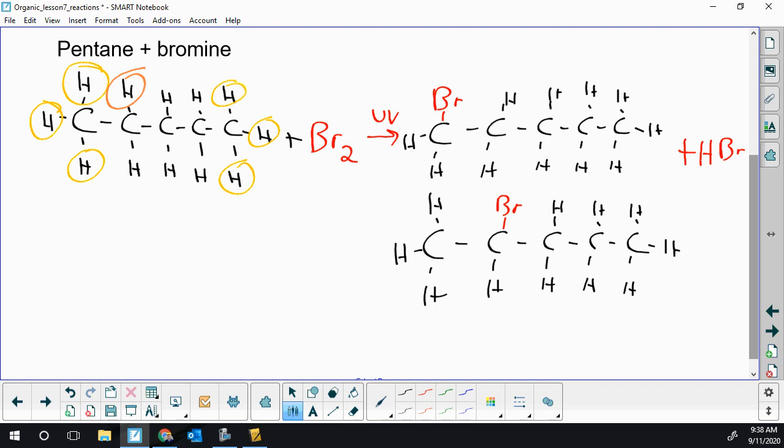Now this bromide can't substitute in. Only bromine can do the substitution. If you actually look at the mechanism, the ultraviolet light is going to break this guy up, make a radical. So the first step involves the diatomic bromine. So we need another one of those. One of the Brs adds in, the other Br pairs up with the H that comes off.